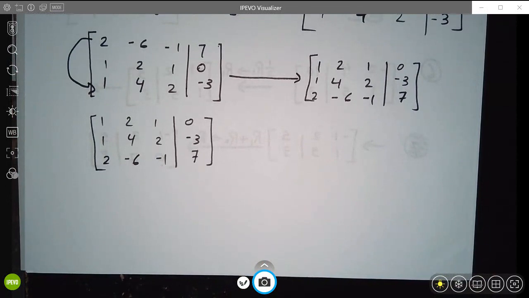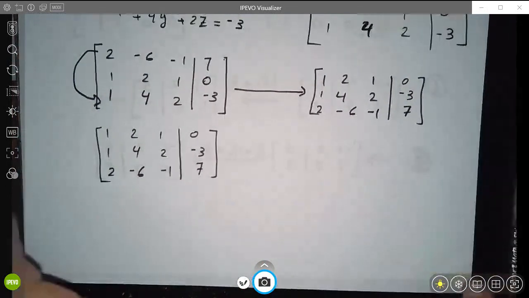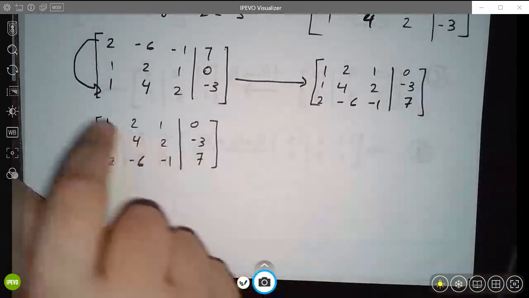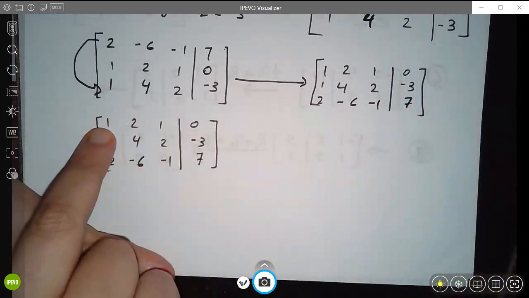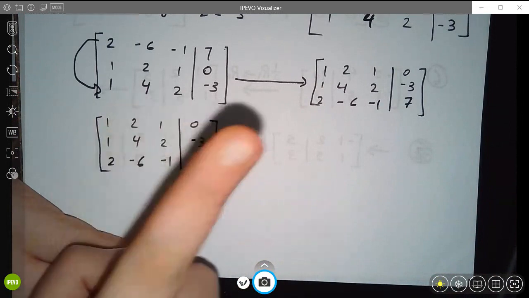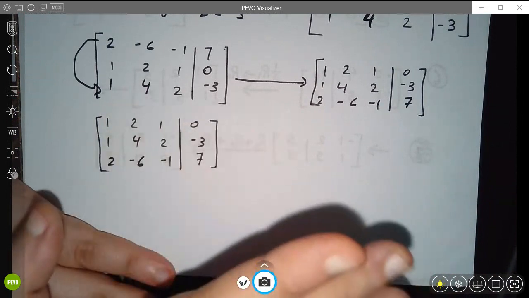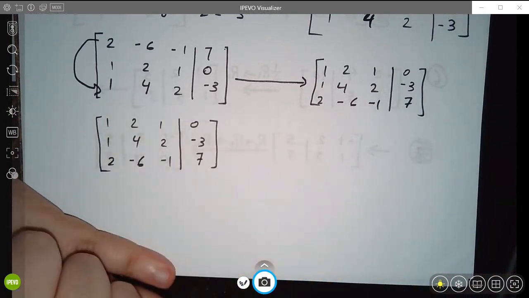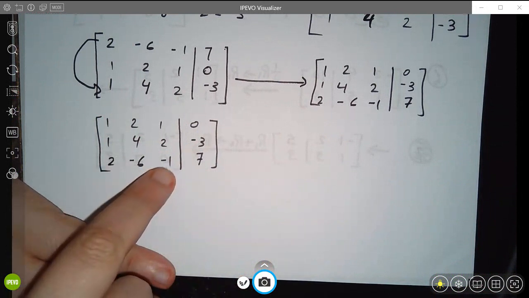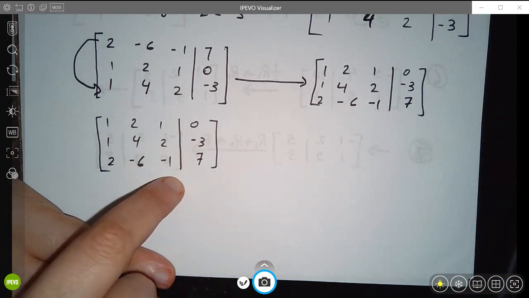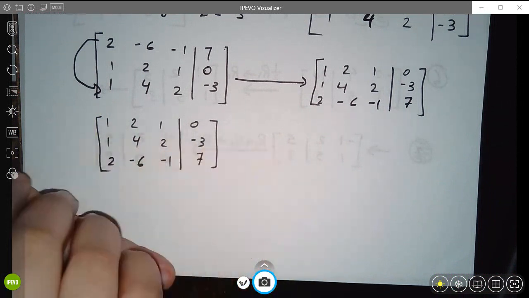Now, why did I move that line, do you think? It's because of a few reasons. One, if you notice, now the first value is what? It's 1, which I want it to be, right? Second thing is, now the z over here is negative 1. So it would be very easy to turn this into 1, which you do want.